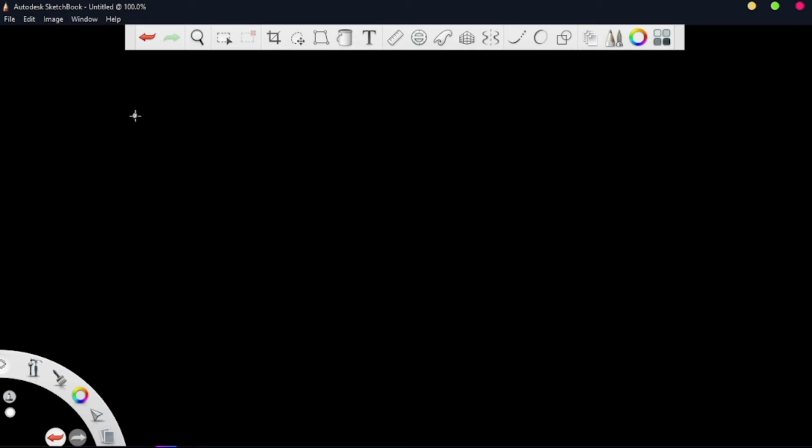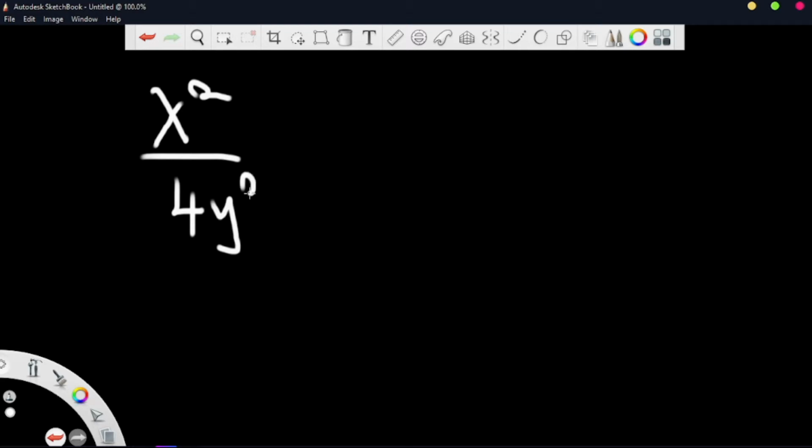The expression is x squared minus 4y squared minus 1 over 9. The only way that we can factorize this is using the difference of two squares.